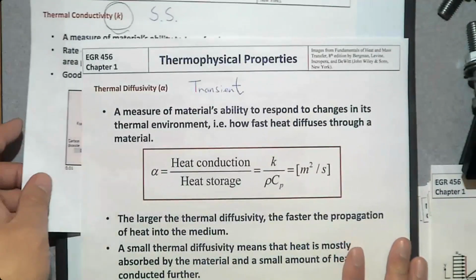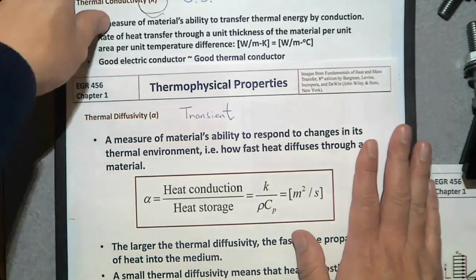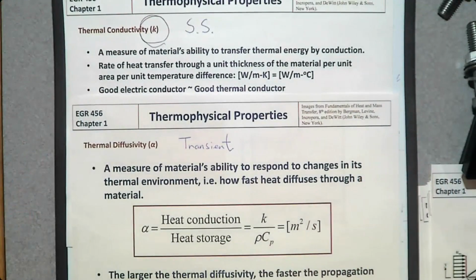Then coming back to thermal conductivity and thermal diffusivity, both are material properties, so you can find them from a property table, or you can calculate one from the other.